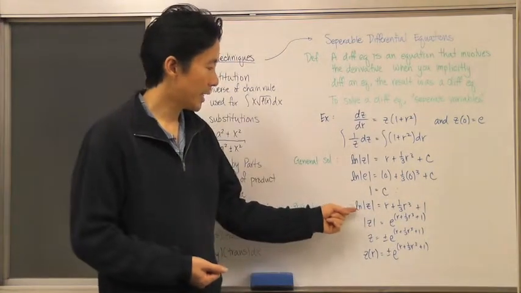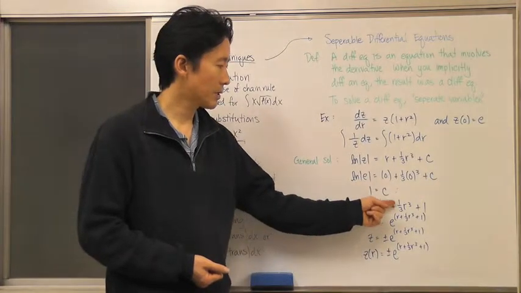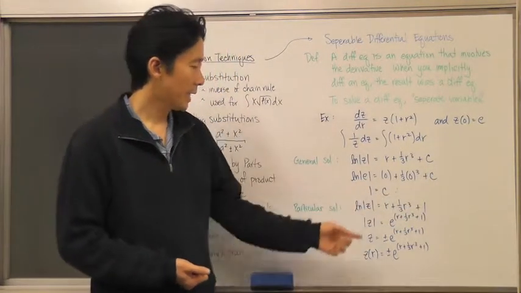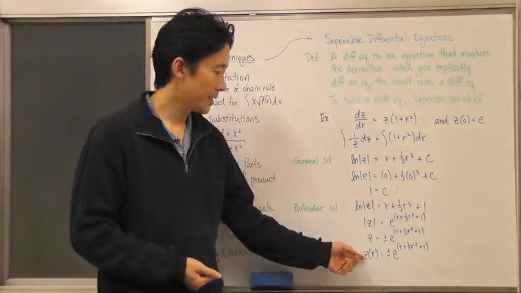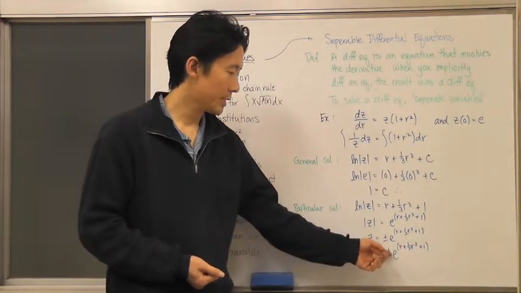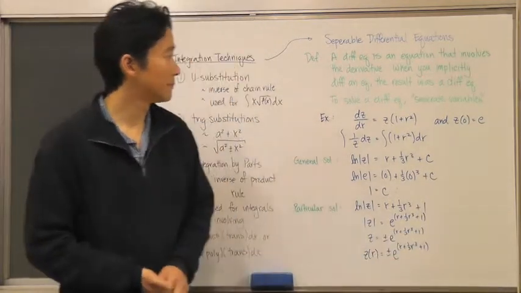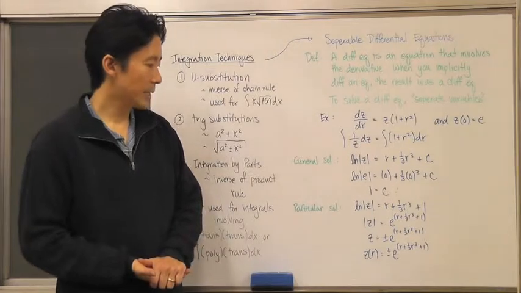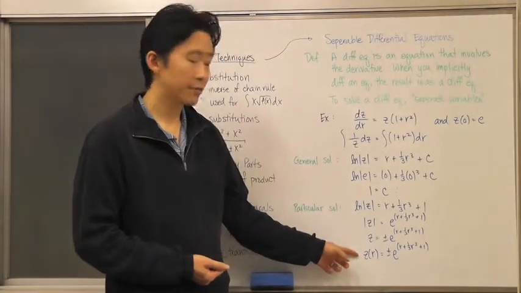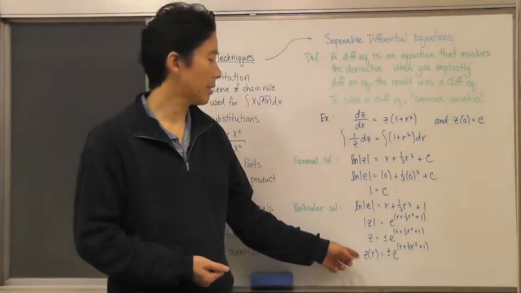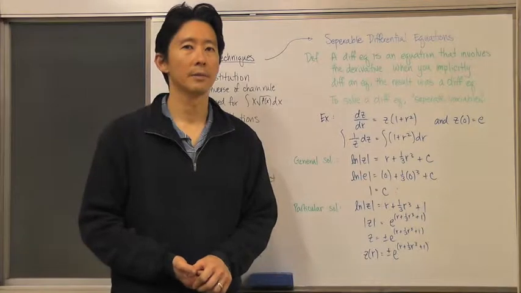So the natural log of the absolute value of z equals r plus 1/3 r cubed plus 1, and then I can solve for z: z of r equals plus or minus e to the r plus 1/3 r to the third plus 1. If I differentiate this with respect to r, I would come out with exactly the original form.